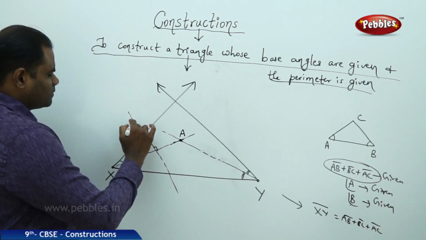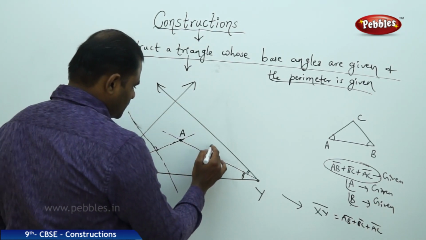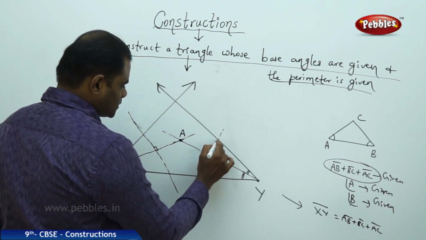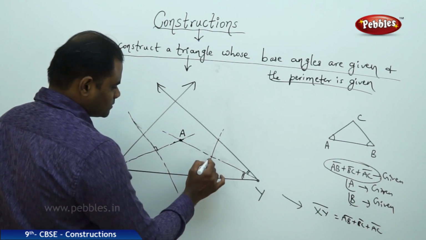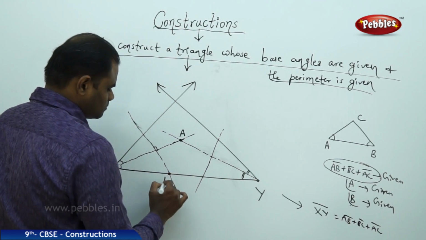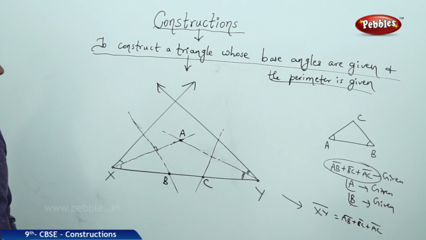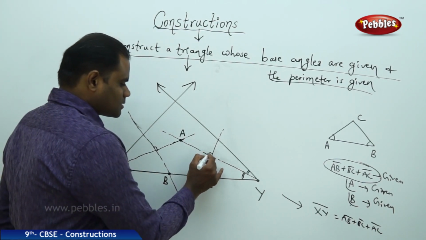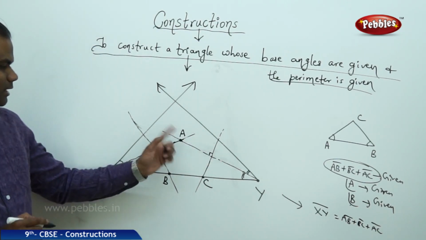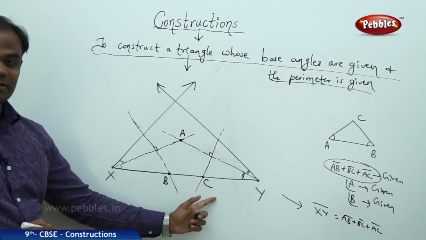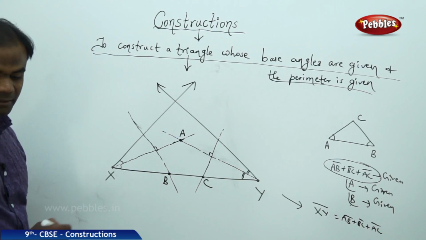And let me take the perpendicular bisector of AY, say, which cuts at B and C. So here the perpendicular bisectors from AX and AY meet the baseline XY at B and C, as can be seen clearly in the diagram.